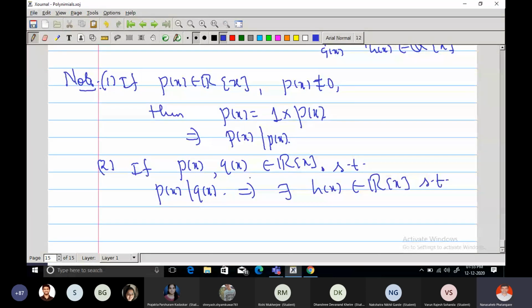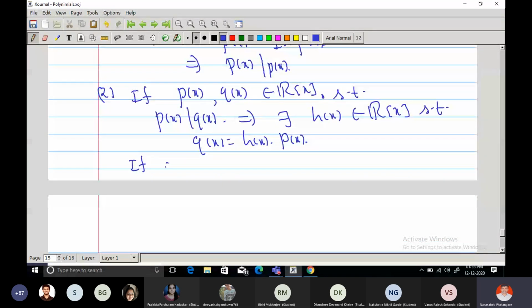This we know by divisibility, but moreover, if the degree of q(x) is equal to n, then consider the degree of h(x) and the degree of p(x).